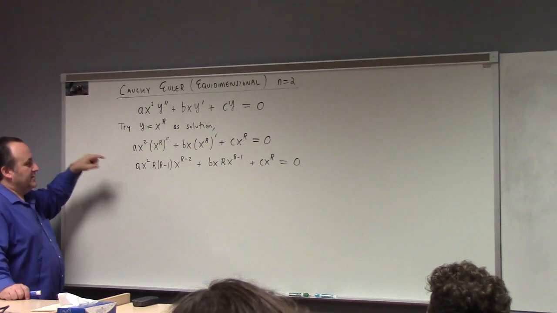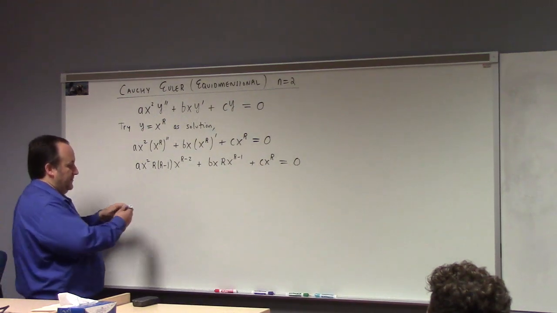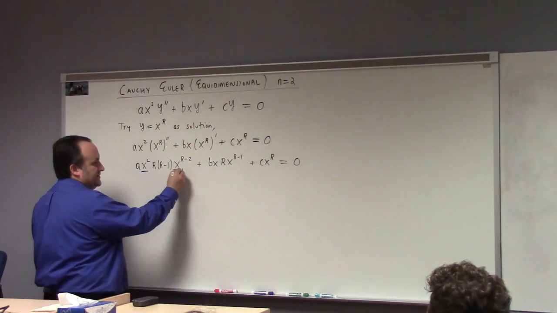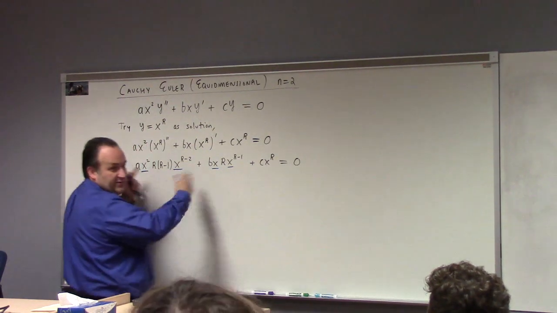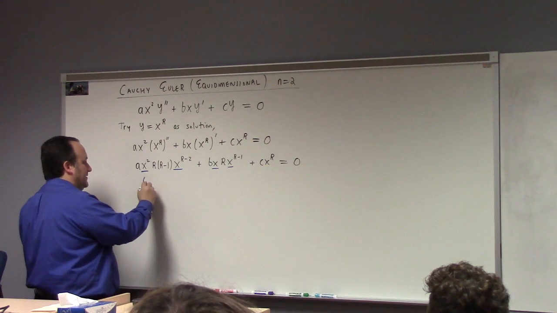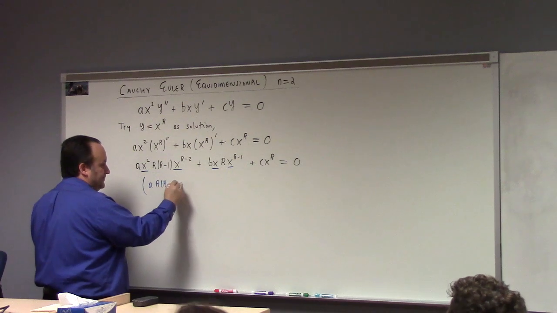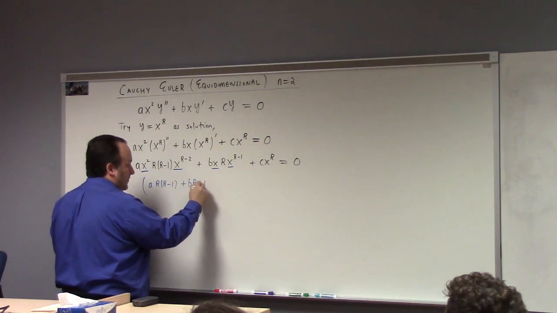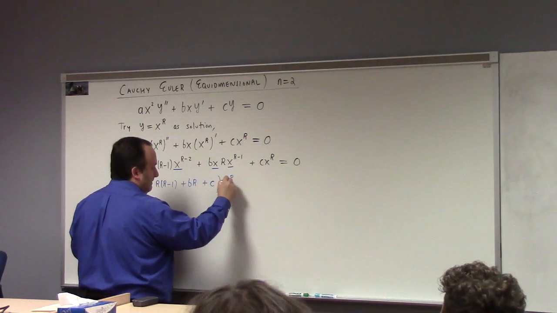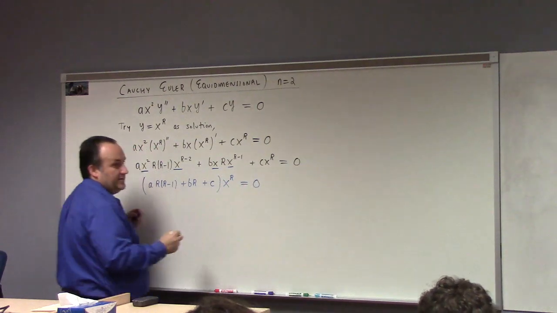So that's why it's called the equidimensional problem, among other things. But anyway, if you look at this, notice how the x squared and x, see this? Everything's x to the r here. So I've got a times r times r minus 1 plus b r plus c, all times x to the r, equal to 0.